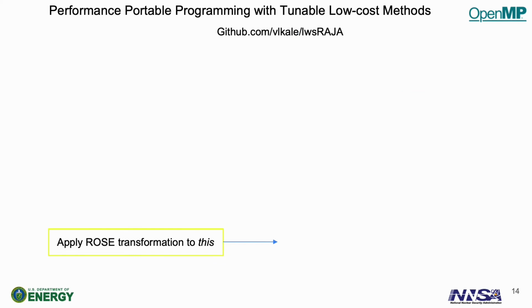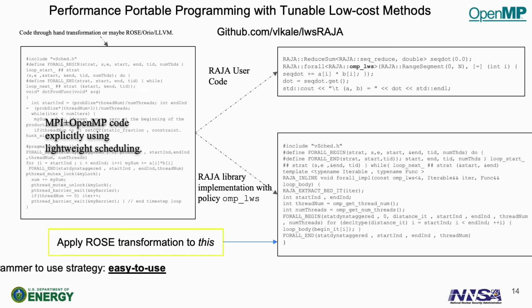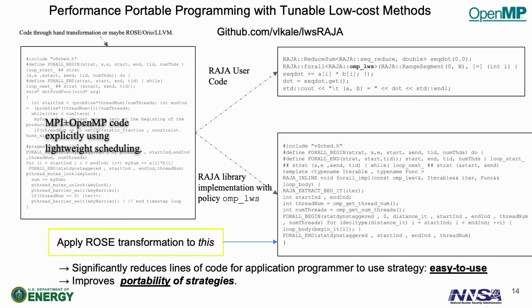We need to consider the ease of use, really, of the programmer. So we do have the MPI plus OpenMP code. Some people say that is short enough, reasonable enough.